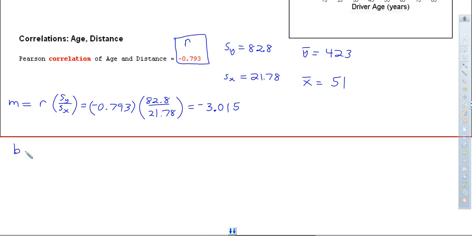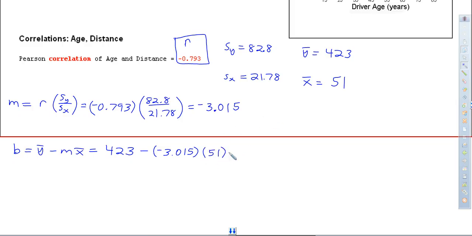We need our y-intercept. Our y-intercept from above says that it's y bar minus m x bar. And what's the mean? The mean of the y's was 423, minus the slope that we just found, negative 3.015, times the mean of the x's, which is 51.